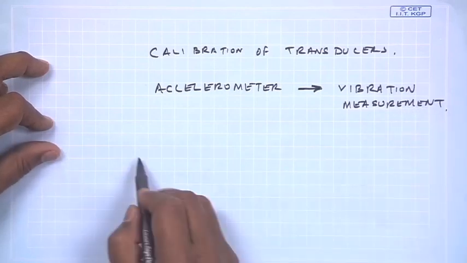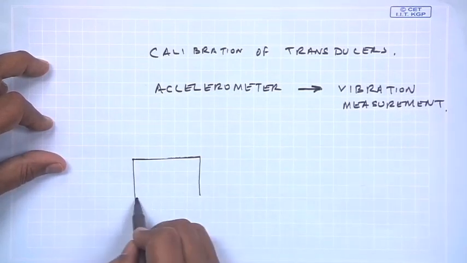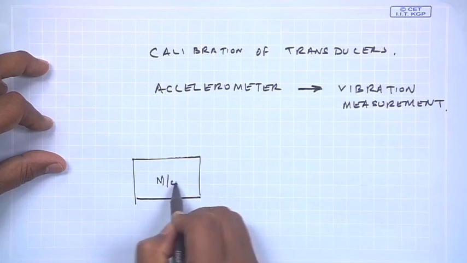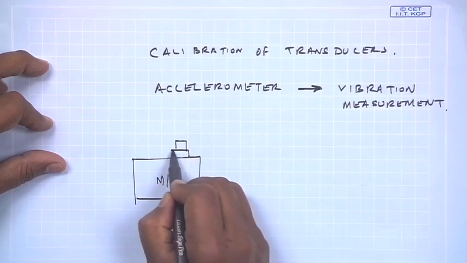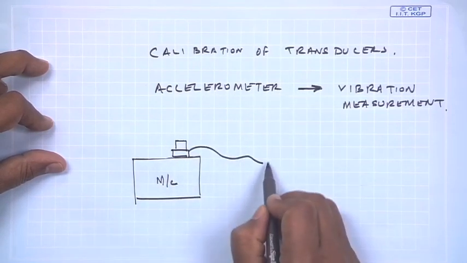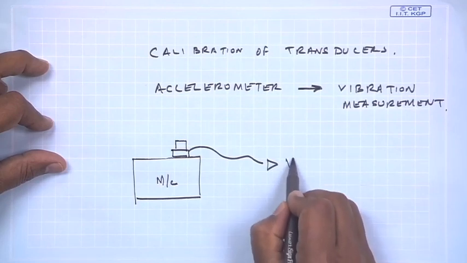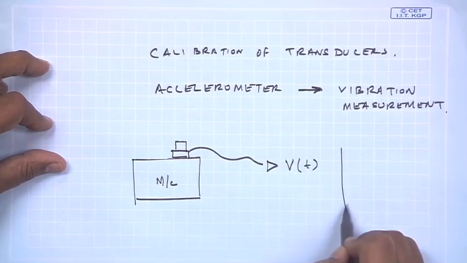But as you would have seen, when I have a machine, if I put a transducer, I get some signal voltage as a function of time.